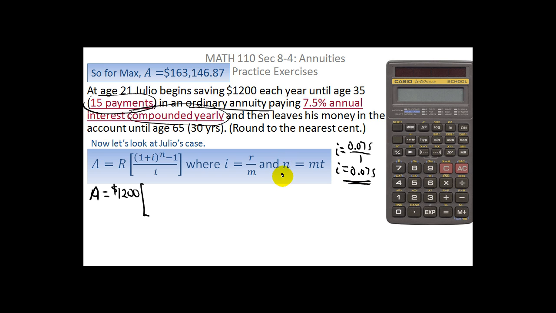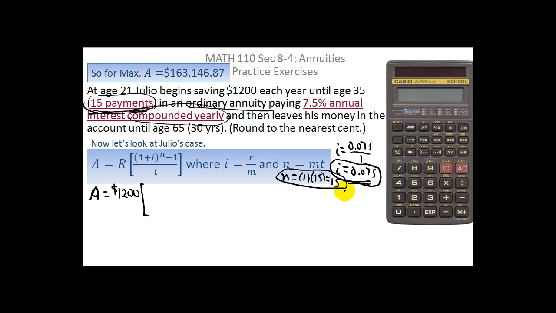Now n is m times t. We just decided that m is 1, and he's putting that money into that account for 15 years at the end of every year. So t is 15, and for this problem n is also 15. So i is 0.075 and n is 15.